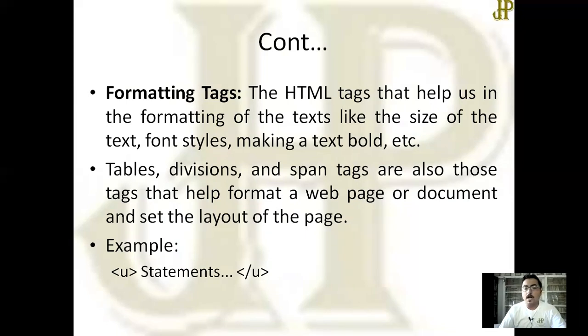These are all in the category of formatting tags. For example, the underline tag. The underline tag is a specific formatting for the text to be underlined. Then the U tag is to be used.